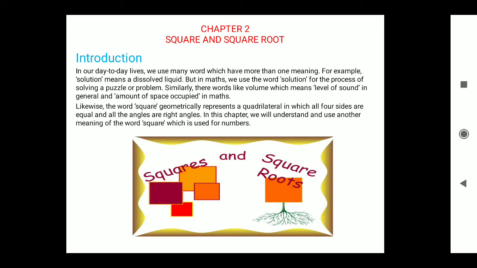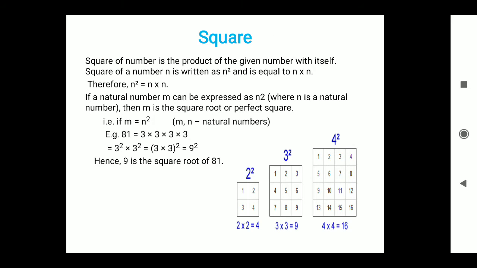The square of a number is the product of the given number with itself. The square of a number n is written as n squared, which is equal to n into n. If a natural number m can be expressed as n squared, where m and n are natural numbers, then m is a perfect square.